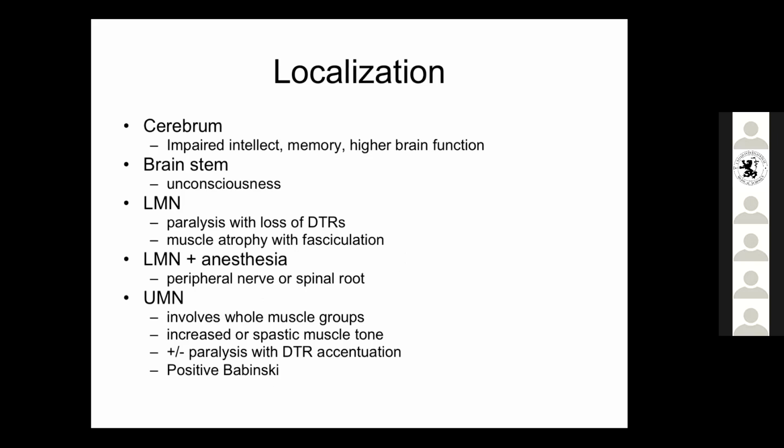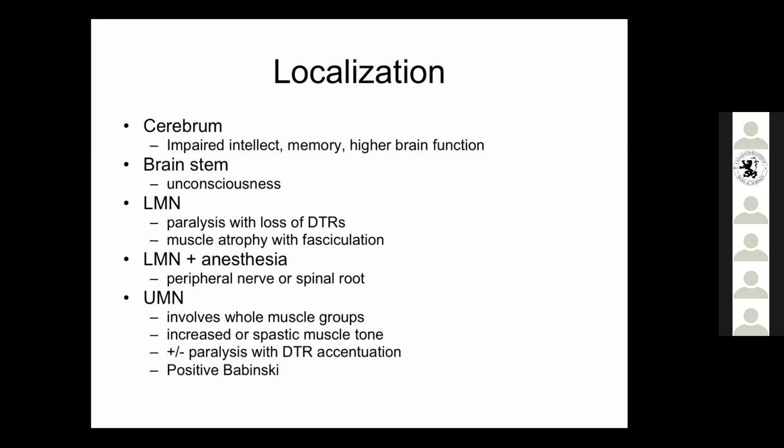So it can be within the brain itself, within the brain stem, within the motor neurons, upper or lower motor neurons. And there are certain things or certain symptoms which help us know where the problem is. So if the patient has a problem within the brain itself, it can be a problem with cognitive function and memory. If it's within the brain stem, we can notice a problem with respiration or consciousness.